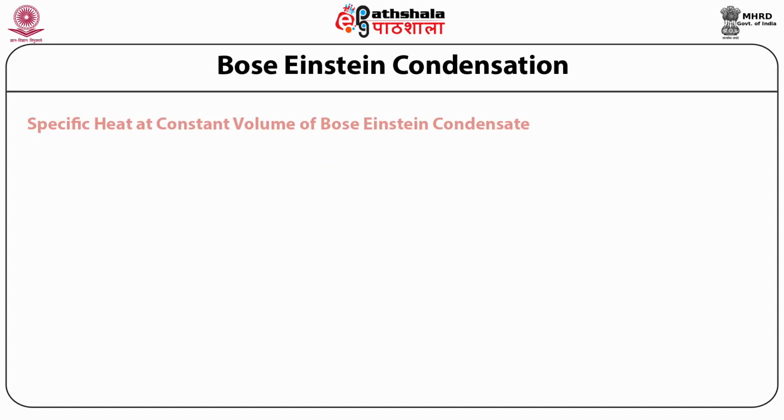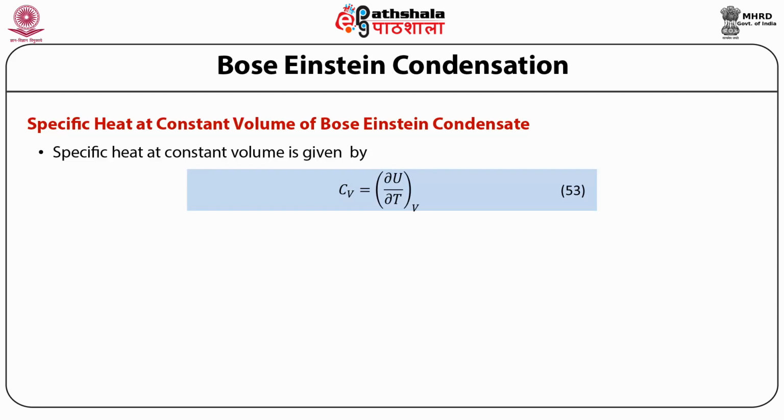Now let us look at specific heat at constant volume of Bose-Einstein condensate. Specific heat at constant volume is given by C_v is equal to the partial derivative of internal energy U with respect to temperature at constant volume.